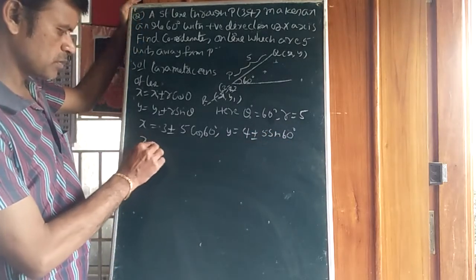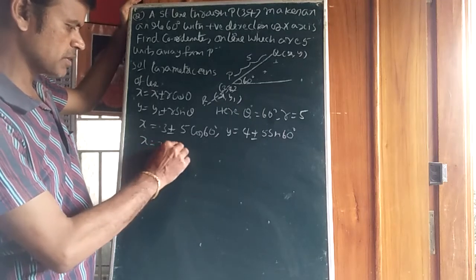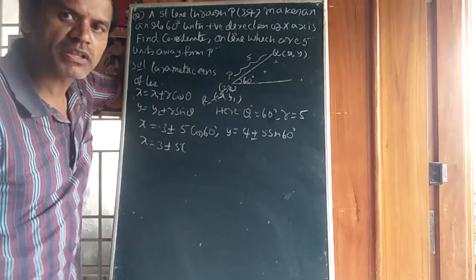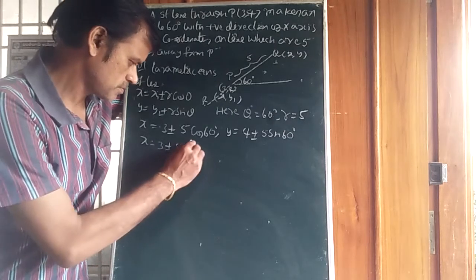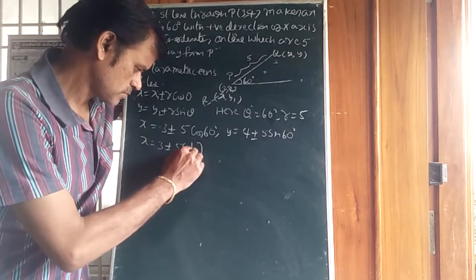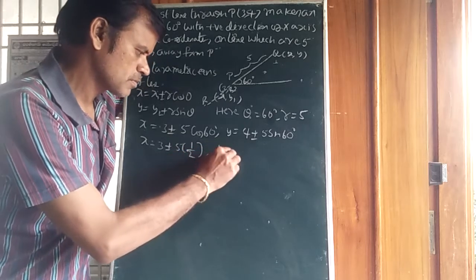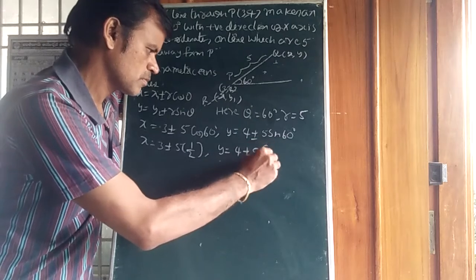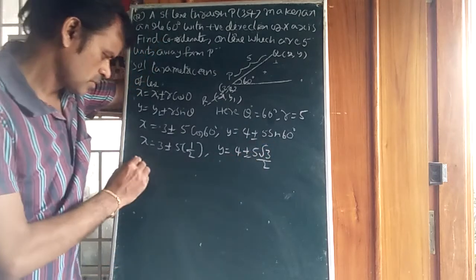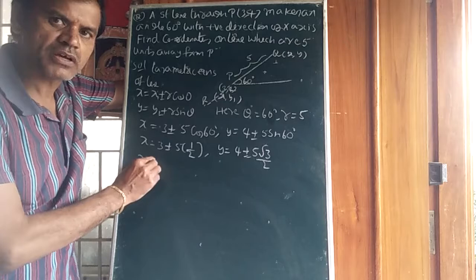Cos 60 has value 1 by 2 and sin 60 has value root 3 by 2. Two cases you take.